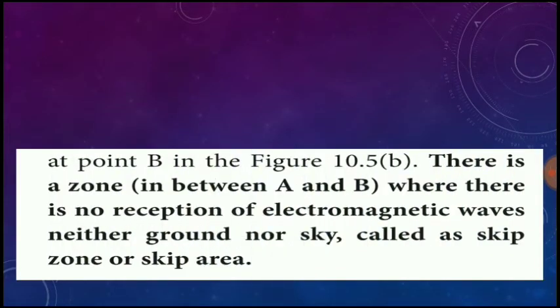And there is a zone where there is no reception of electromagnetic waves, neither ground wave nor sky wave, called the skip zone or skip distance. This skip zone and skip distance is very, very important for marks. You should study this, 2 marks compulsory.